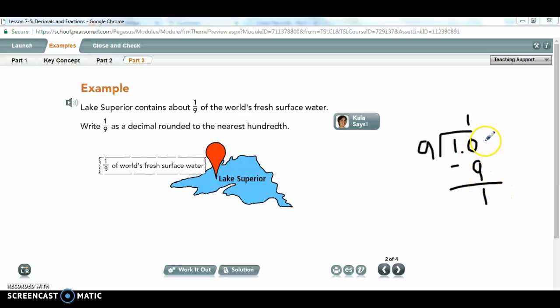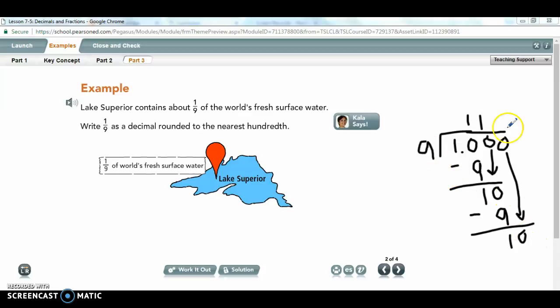If I continued going with this, I would add another 0 at the end, not changing the value at all. Drop it down. It's a 10, so 9 can go into 10 one time. I would put a 9 right here. Subtract. I'm left with 1. I would have to add a 0 and drop it.